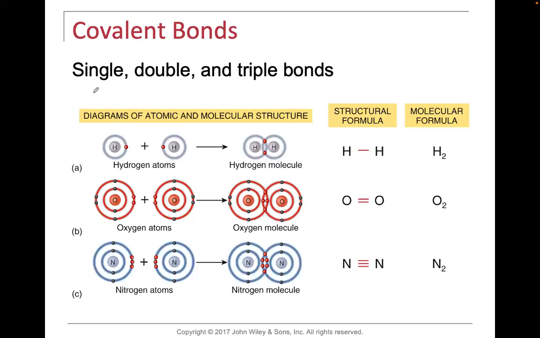But covalent bonds, these are different. We're not losing, we're not gaining. What we're doing here is we're sharing. I only got 1 apple. We can share it together. Sharing is caring. So when we look at hydrogen, hydrogen has 1 proton.